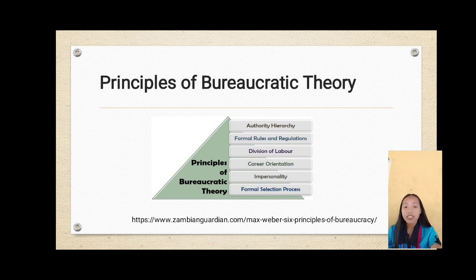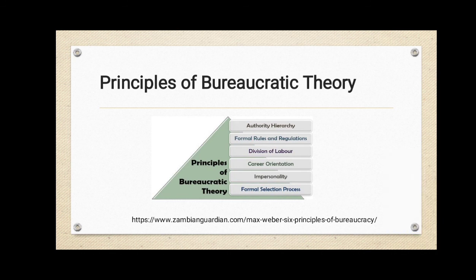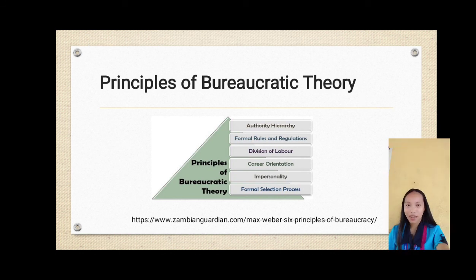Moreover, these decisions must be based on rational and practical grounds rather than emotional or personal influence. This shows the importance of fairness and just decisions of the organization. And now, lastly, is the formal selection process.